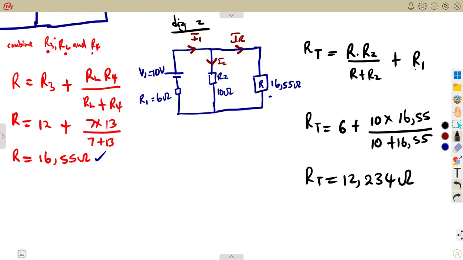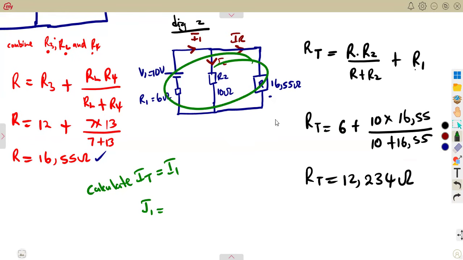So guys, having the total resistance from this diagram, you can calculate the total current, which is represented by I1. So that means we can calculate I1. I1 is equal to what? Voltage over the total resistance, because that is the total current of the circuit.